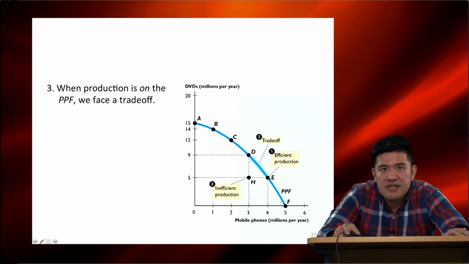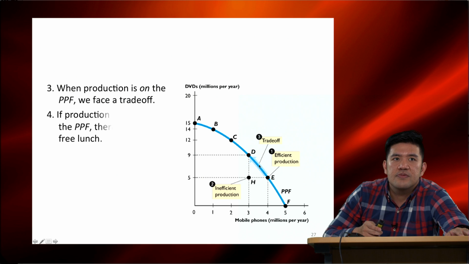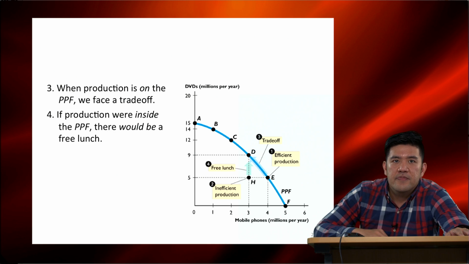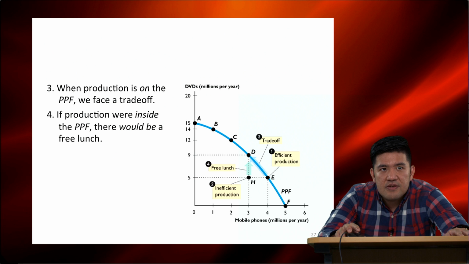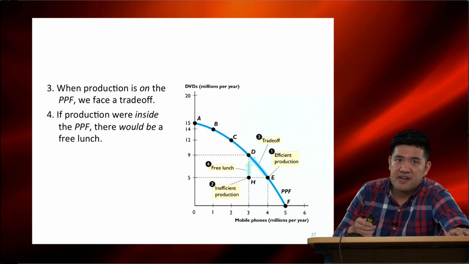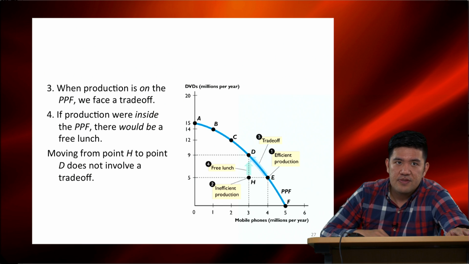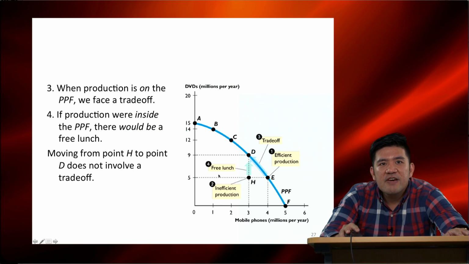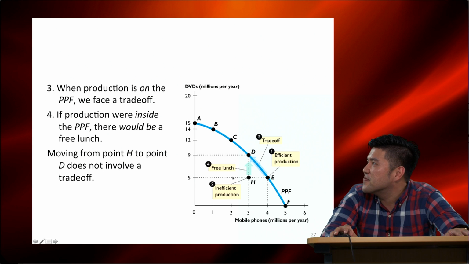E, efficient point. D, also efficient point, right? If production were inside the PPF, there would be a free lunch. Moving from point H to point D does not involve a trade-off.